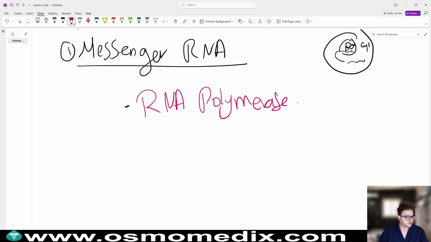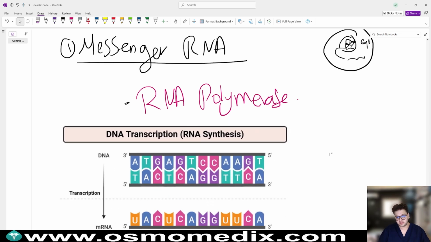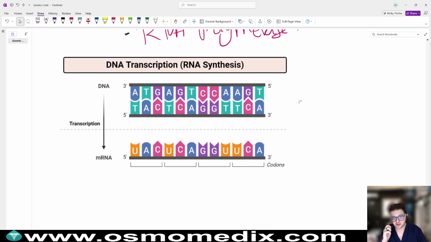Of course, if you want to transcribe any DNA to mRNA, let's copy this image. You have the double-stranded DNA, 3 to 5 and 5 to 3. What is the template that you will use?